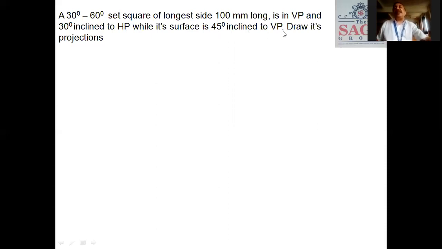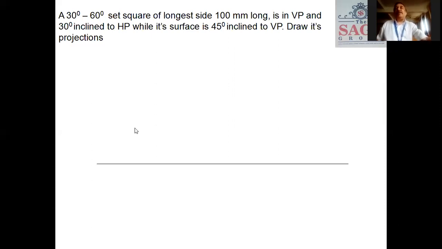So same thing, first of all we have to decide where we have to draw our true shape, either above XY or below XY. So for this we have to watch the surface inclination. Surface inclination is 45 degrees to VP, and usually we draw VP inclination below XY, so our true shape comes above XY.